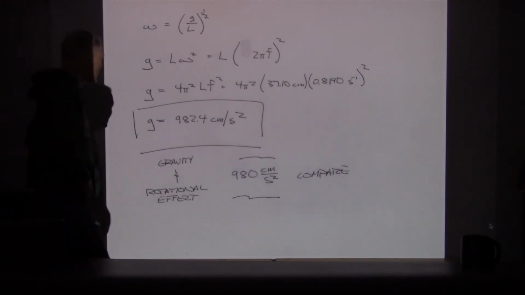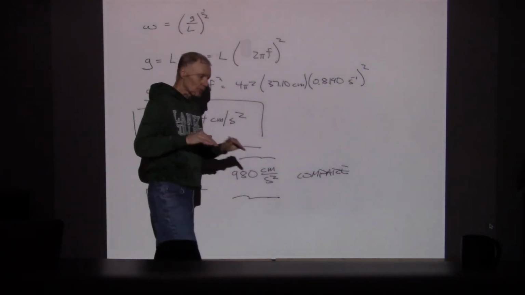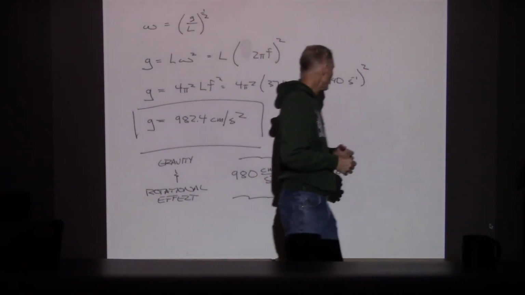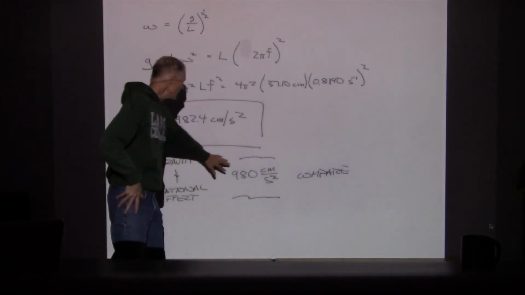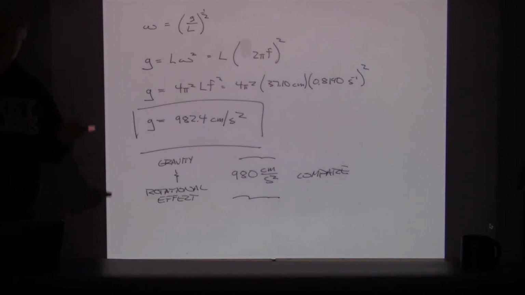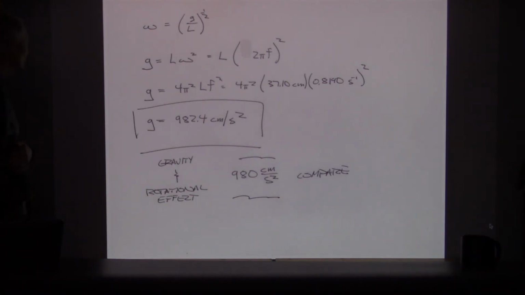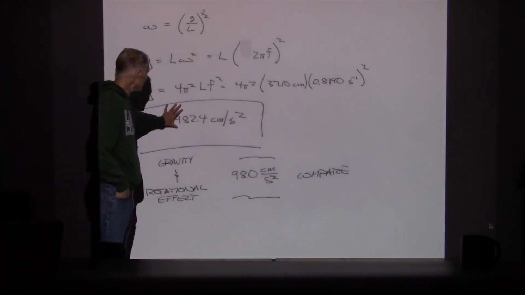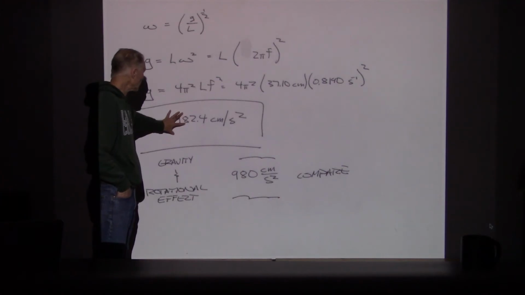We understand that the gravitational field varies from location to location, and we've been in the habit of using 980. These are in centimeters, not meters. So in meters, that would be 9.80. But in terms of centimeters, yeah, this seems like a perfectly reasonable local gravitational field measurement.